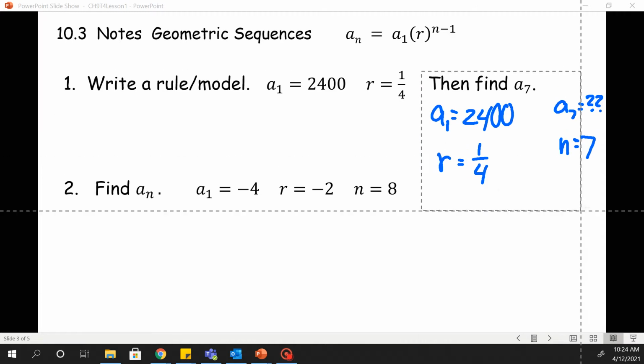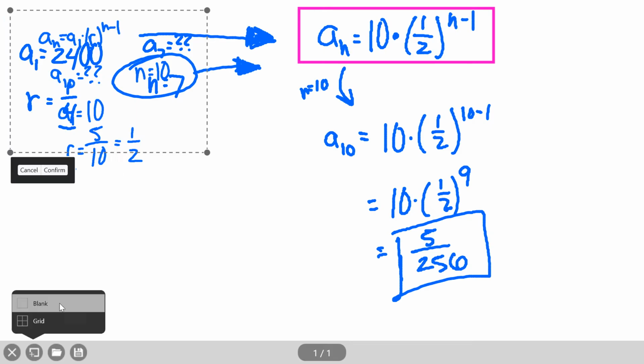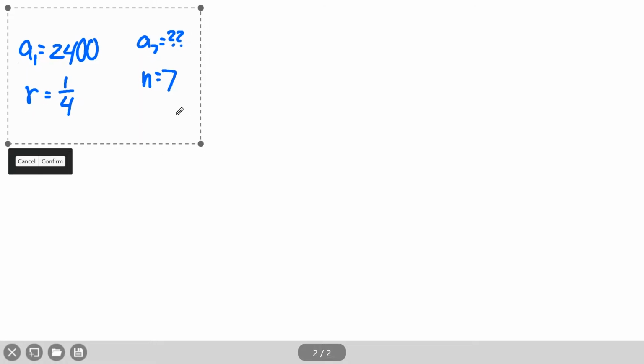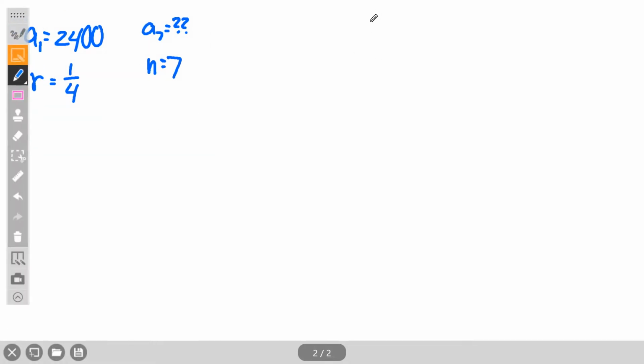What you always want to do when you start any problem, just like when we did the arithmetic sequences, same thing with geometric sequences, you start the problem by writing the formula. In this case, it's a1 times r to the n minus 1. To write the formula, you need two things.